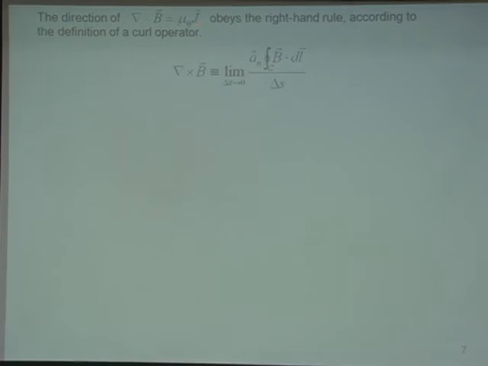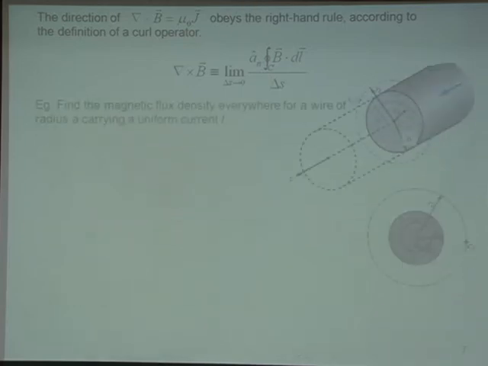So the direction between B and J just follows the right-hand rule. Let me give an example: suppose you have a current flowing uniformly across a cylindrical copper wire.